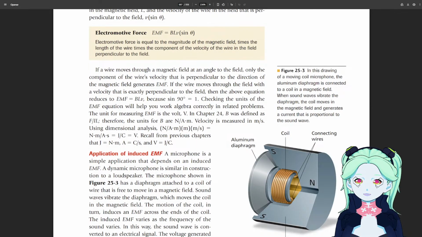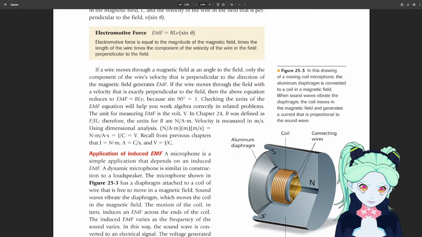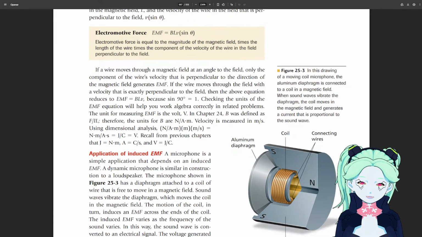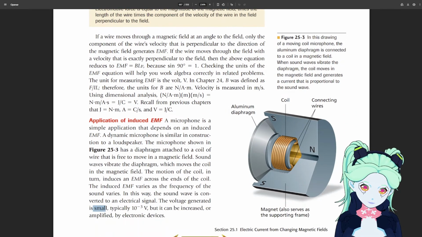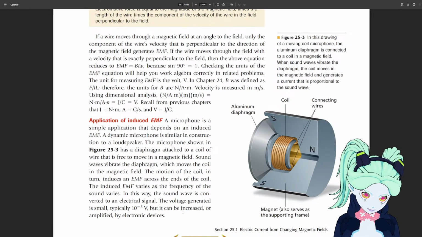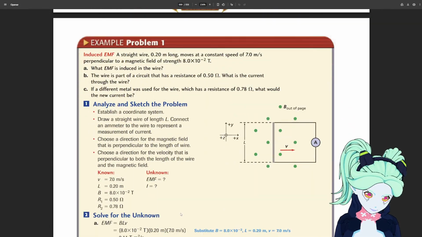The induced EMF varies as the frequency of the sound varies. In this way, the sound wave is converted to an electrical signal. The voltage generated is small, typically 10 to the negative 3 volts, but it can be increased or amplified by electronic devices.